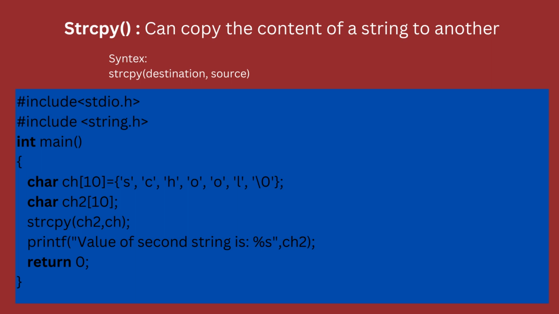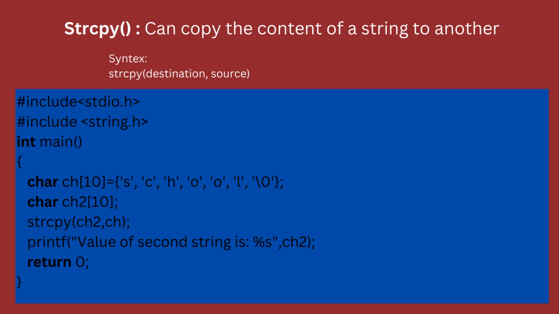Same as before, we are here. We initialize in another way. There are four ways to initialize a string, so we are using character by character initialization. Then we have another variable ch2 with the same size, because we want to copy the ch variable value into ch2. How will we perform it?